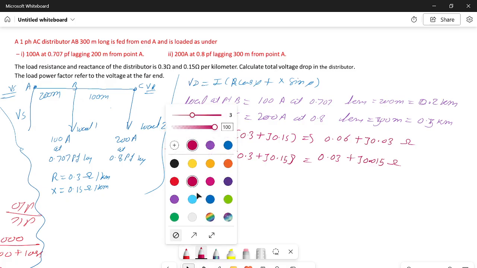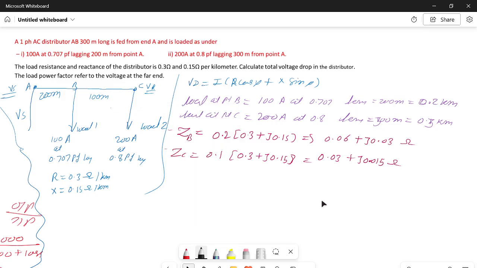The next step is to calculate the current. How are you going to calculate the current at point B? My current from A to B is 200 plus 100; 100 ampere goes to one load and the other 200 goes further. So my current is 200 plus 100 ampere flowing from point A to point B. Okay, so my total current is 300 ampere.